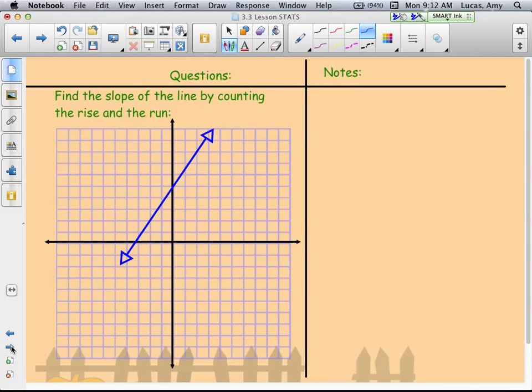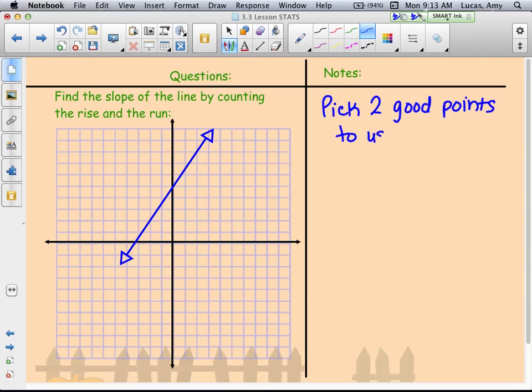Now this third one, you may notice that we didn't give you any points, so you've got to put them on first. You want to pick spots where the line is going right through a corner of the grid lines. So we need to pick 2 good points to use for counting our slope.